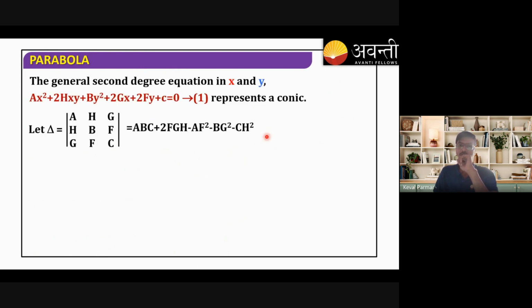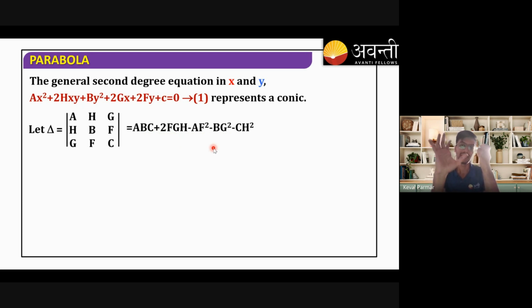Okay. So the first condition with the coefficients is this. Let delta be the determinant. Now, obviously, you have to remember this determinant value. It is abc plus 2fgh minus af square minus bg square minus ch square. Not so tough if you remember it. I hope you have already remembered it in your class lectures. So, yeah, this is the value of delta.